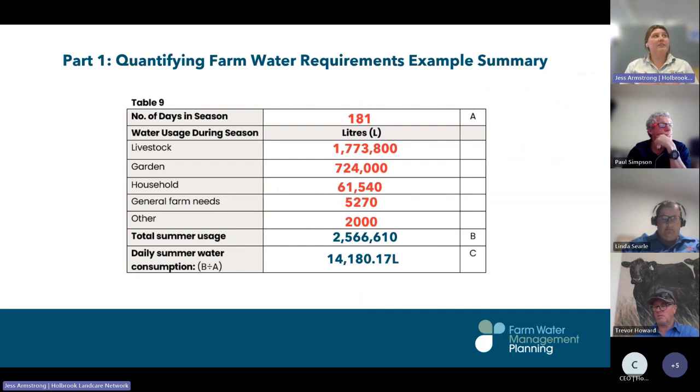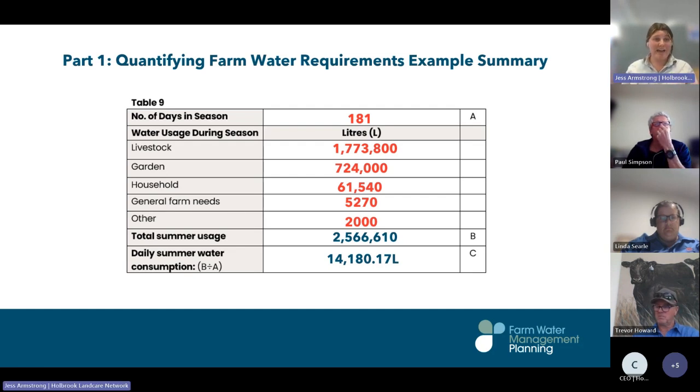When we divide the total summer consumption by the number of days across summer, we can estimate that across all of that usage, every day we're going to be using 14,180.17 litres of water on your farm across that summer period, October to March.